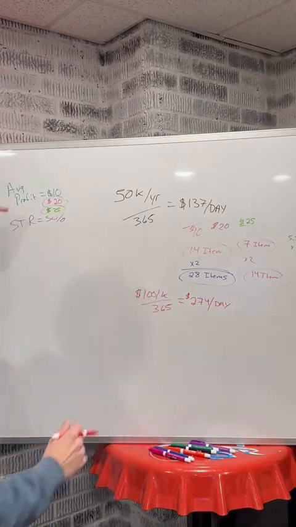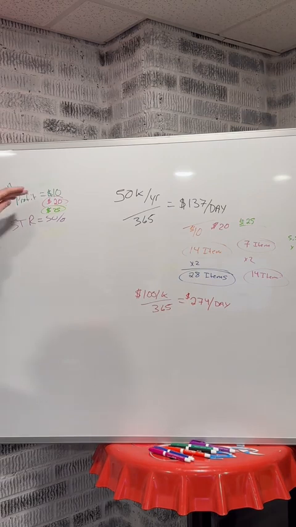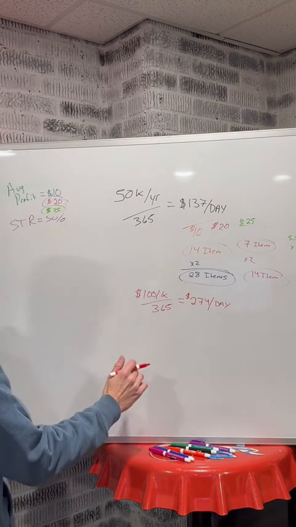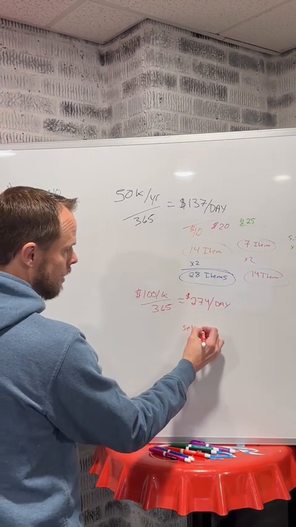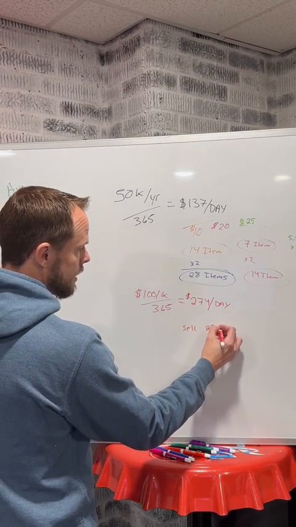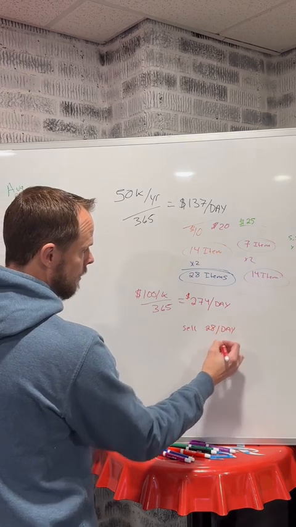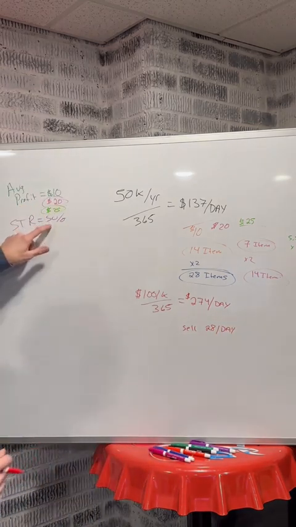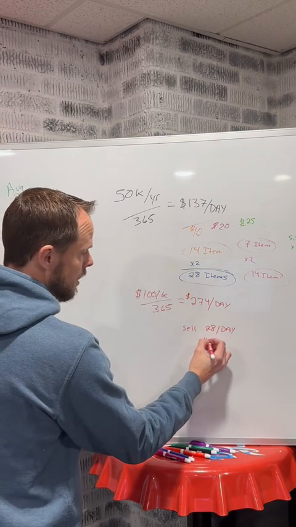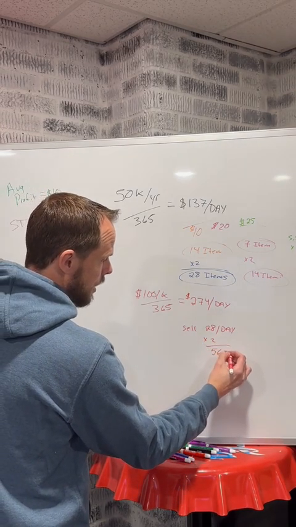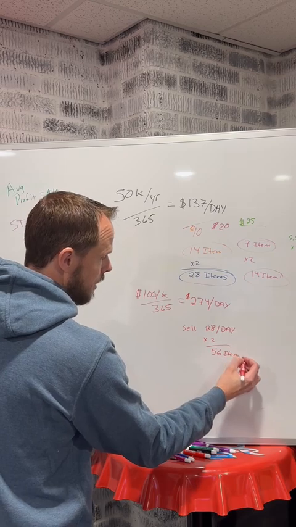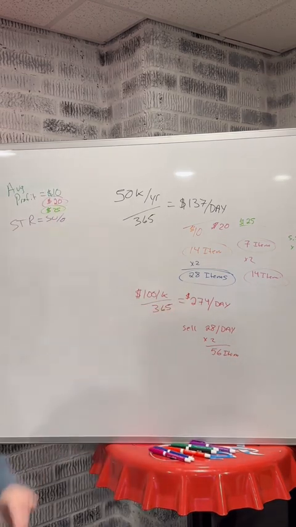So if we go back and look at our average profit that we're making per item at $10 an item, if you want to make $100,000 a year, you now have to sell 28 items a day. If our sell-through rate is still the same at 50%, that means we have to be listing 56 items every day to make our $100,000 a year.